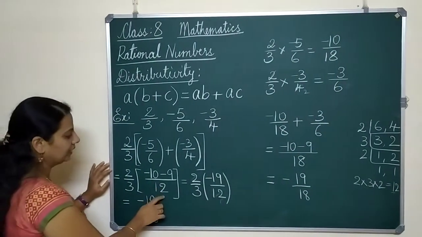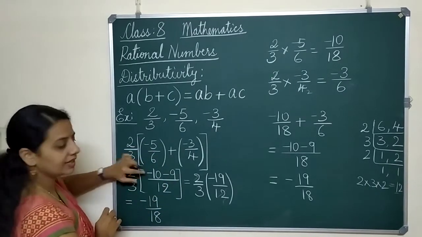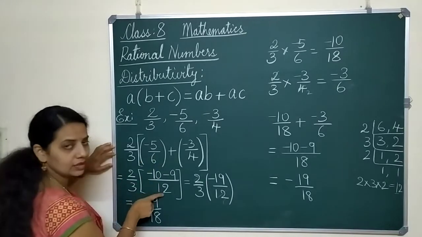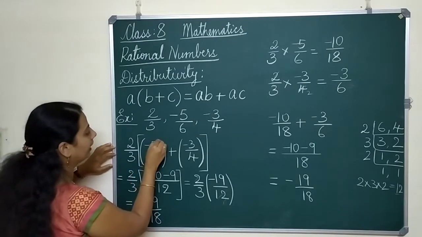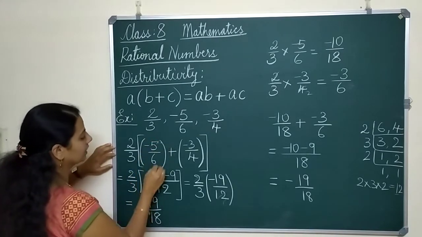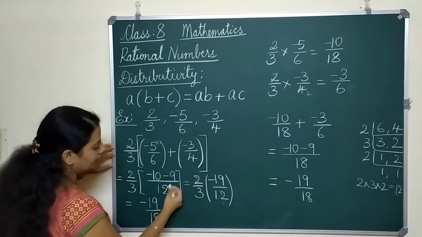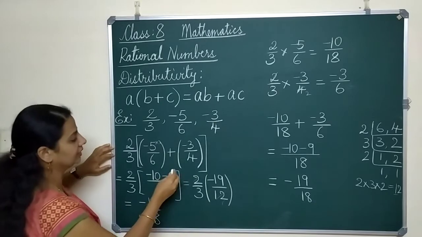So I have taken 12. Next, how did I get this minus 10? You remember? How many times does 6 go in 12? 2 times. So I have to multiply the numerator by 2. So 5 2s are 10, minus 10 as it is. The same way, how many times does 4 go in 12? 3 times.